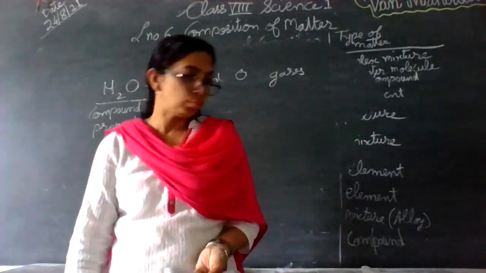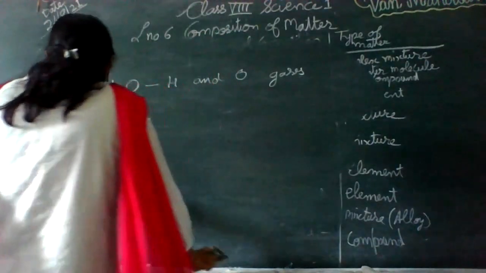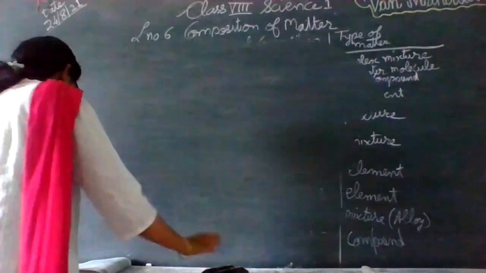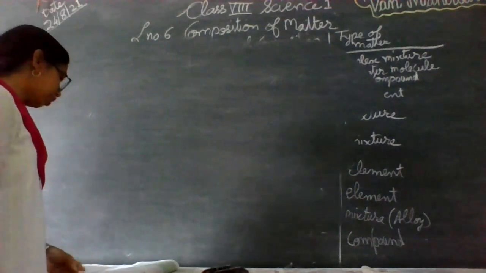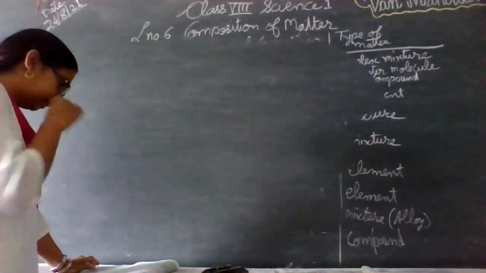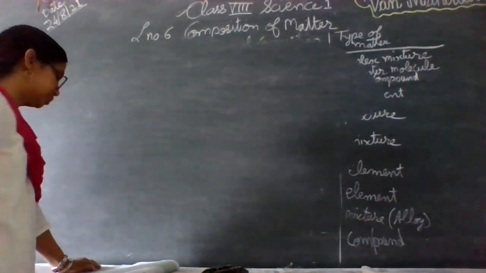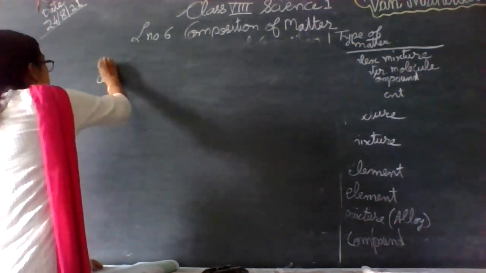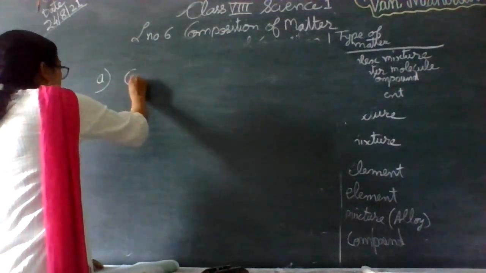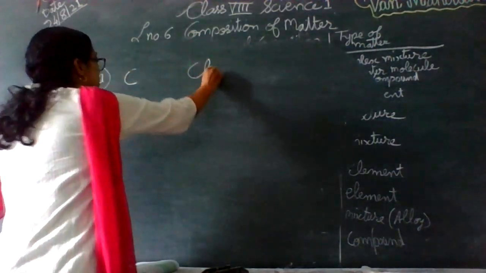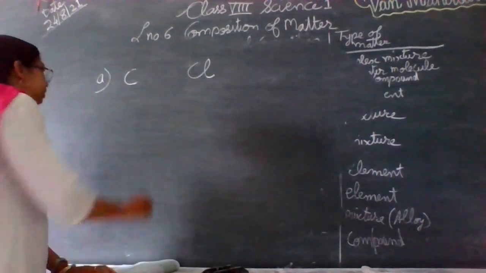Now, next thing that we are going to perform is to deduce the molecular formula of the compound obtained from the given pair of elements. We have in the first pair carbon and chlorine. Here the valencies are also given.